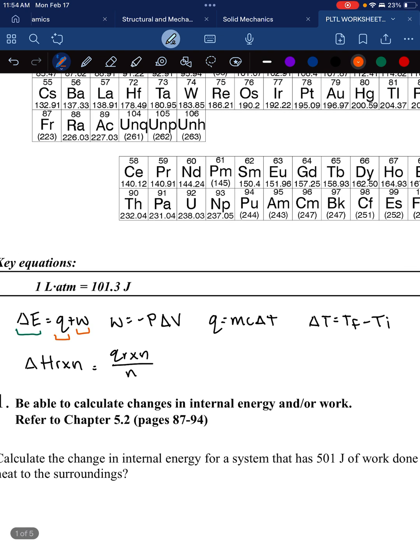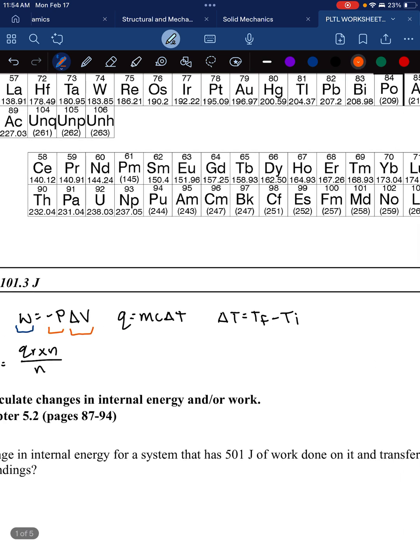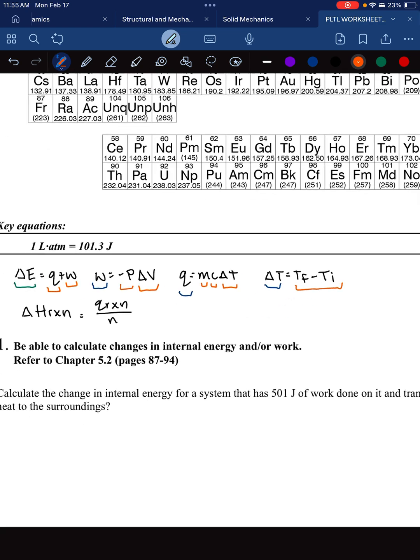And then we have over here, work is equal to the negative pressure times the change in volume. And Q equals the mass times the specific heat capacity times the change in temperature. And that change in temperature is always final temperature minus initial temperature.